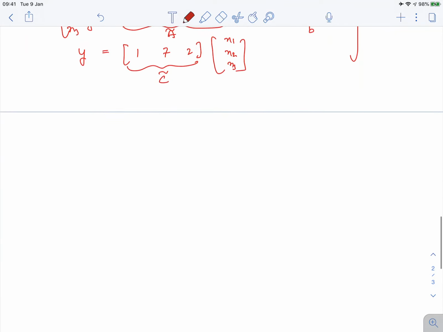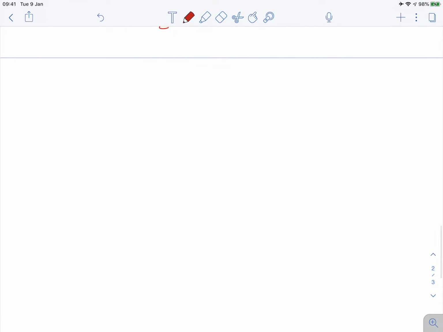Okay, the last form of this representation is the observer canonical form or OCF. So again consider the same transfer function. Now in this transfer function we will divide the numerator and denominator by the highest power of s, which here is s cube.